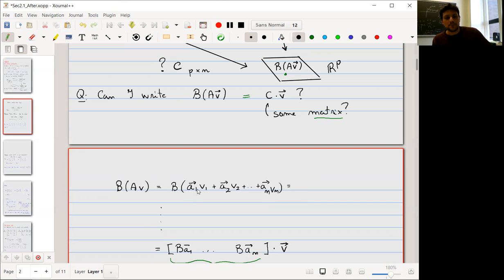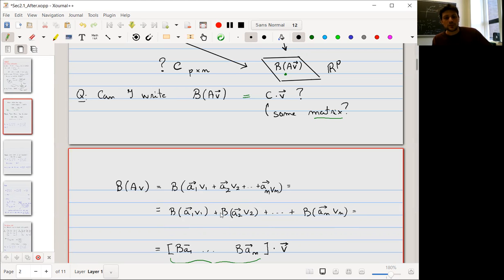When I multiply B to this, the multiplication between matrix and vectors is distributive, so I can write this as B times A1 V1 plus B times A2 V2, and so on until the end, B times An Vn.